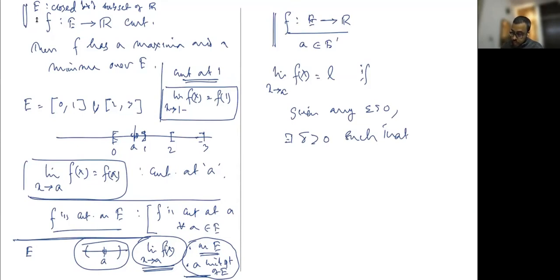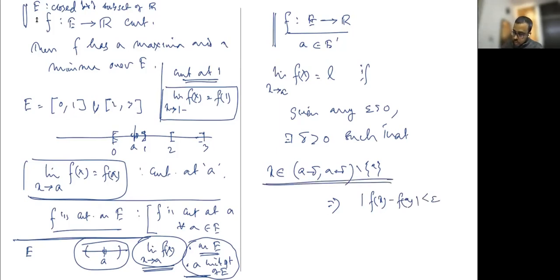Normally this next part was that whenever x belongs to (a minus delta, a plus delta) minus the point a itself, you should have |f(x) minus L| less than epsilon. So here, this set need not be in the domain anymore, because you have not assumed that f is defined in a deleted neighborhood of a. So you intersect with E. You have to make this slight modification.